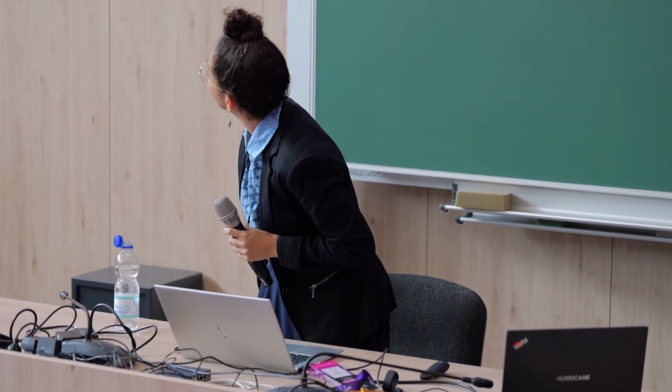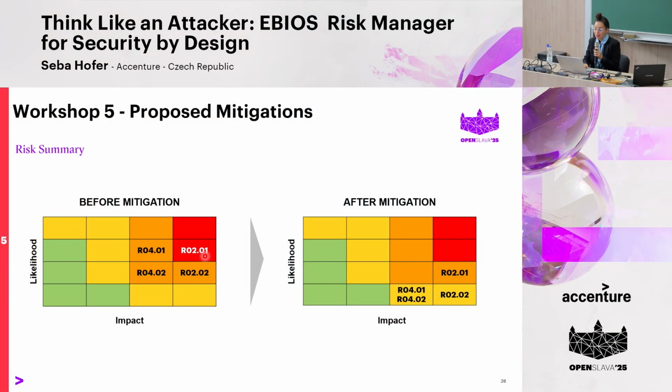So the first one is, from your experience, how to convince the owner to implement security measures to lower the risk? I'd say the goal of this exercise is basically showing them this is what you have now, and this is what can happen if you implement the security that we propose.